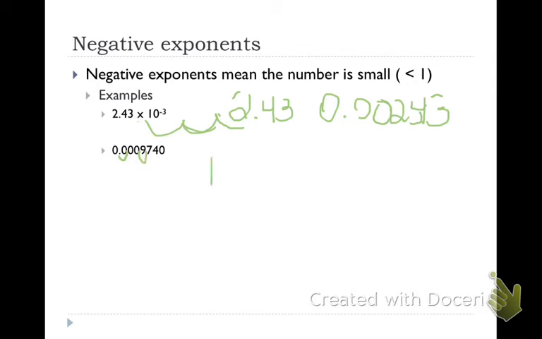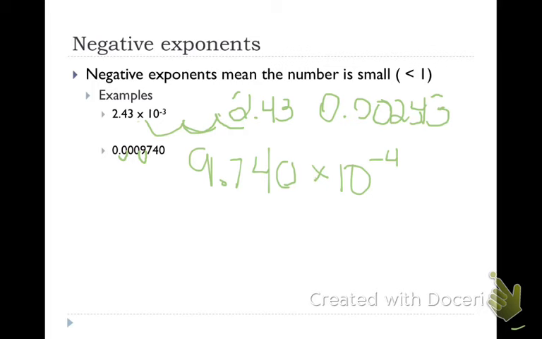So we have 9.740, and let's get that decimal place in there, times 10 to the negative 4th. Again, that negative exponent means it's going to be a really teeny tiny number, less than 1, and that makes sense here. We're going to have a really small number.